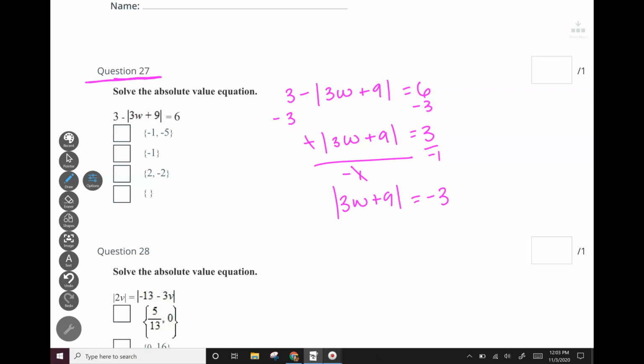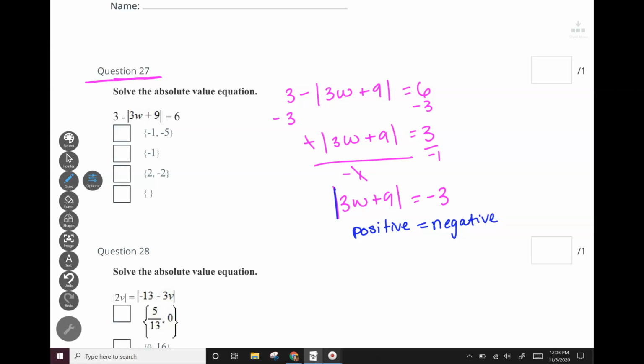Okay, so now I have absolute value, which is always a positive number. Absolute value is the distance a number is from 0, which is always going to be positive. So that's a positive number, and then they're saying it equals a negative number, -3. That is not possible.